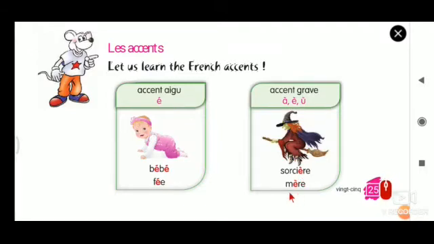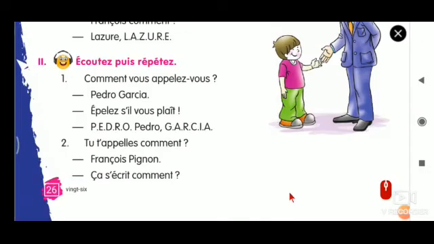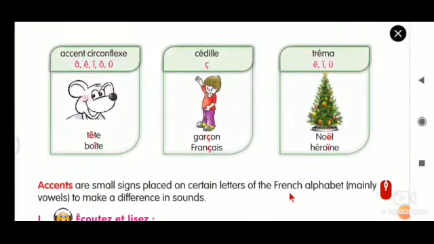Before explaining these examples, I will give you a PPT, and based on that PPT we will explain. Accent circonflexe comes with 5 letters: A, E, I, O, and U, and tête and boîte are examples. Then this is cédille, with the examples garçon and français.